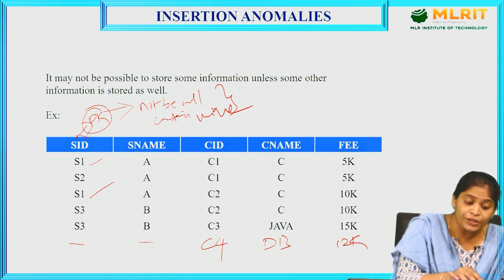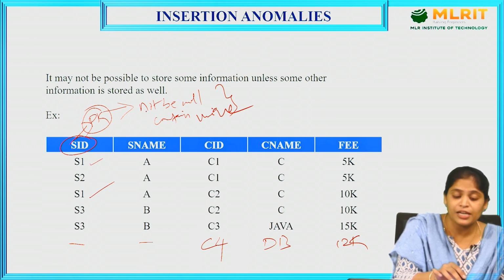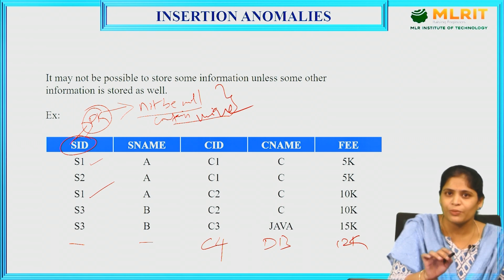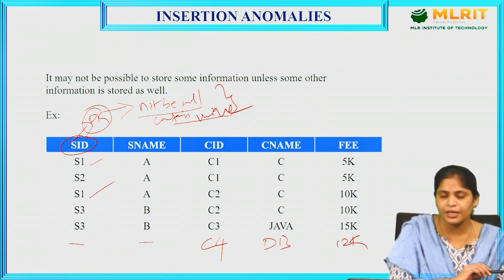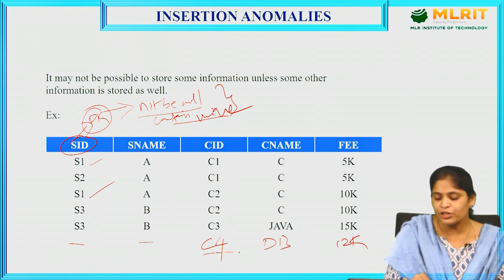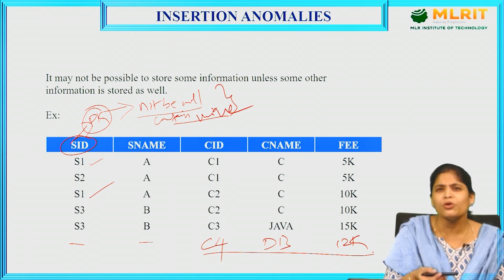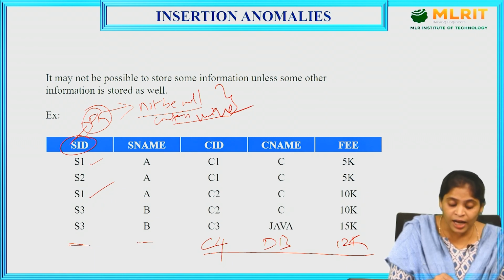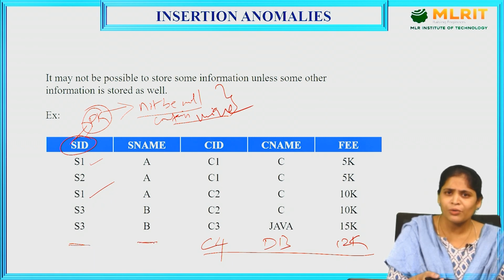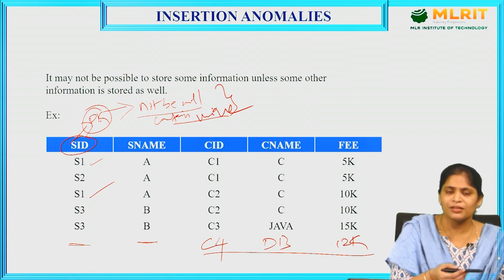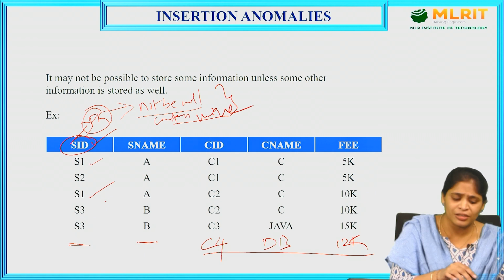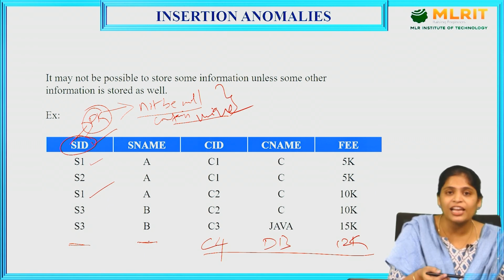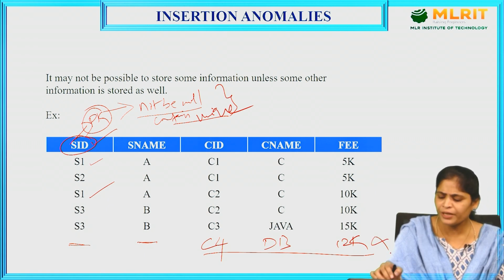If I declare SID as primary key, and here I want to introduce a new course, but no student has been enrolled in that course, then what do I do? I can't insert the data here. Why? Because the primary key will restrict. You are inserting null values, so it cannot be inserted.